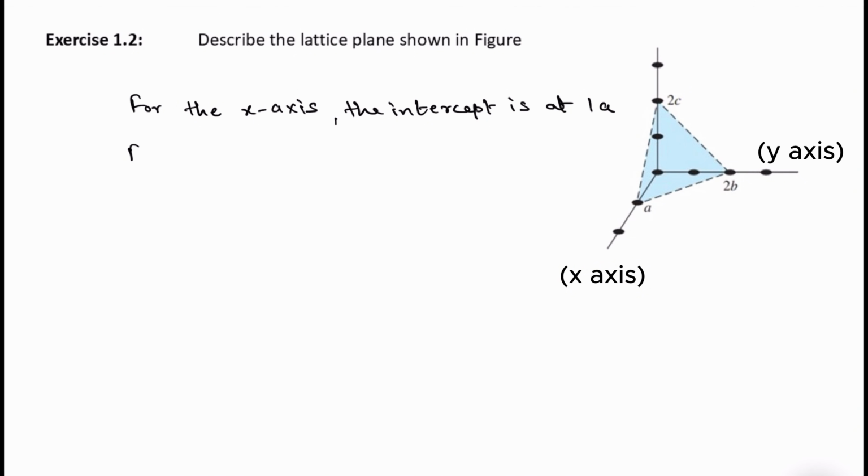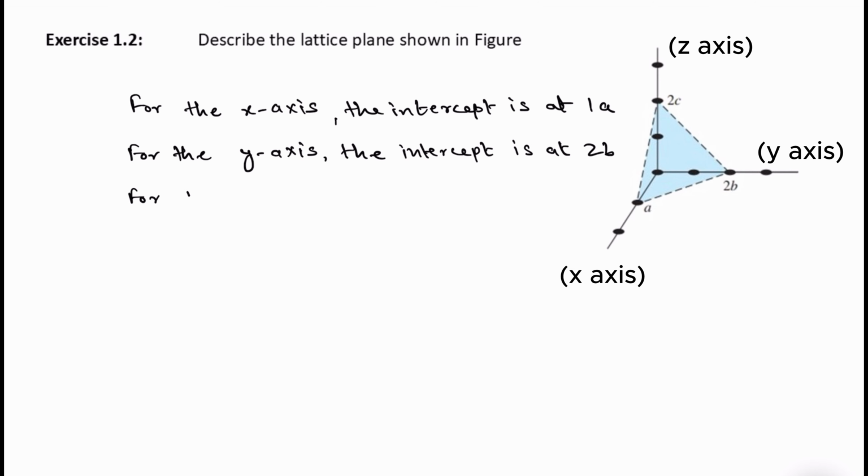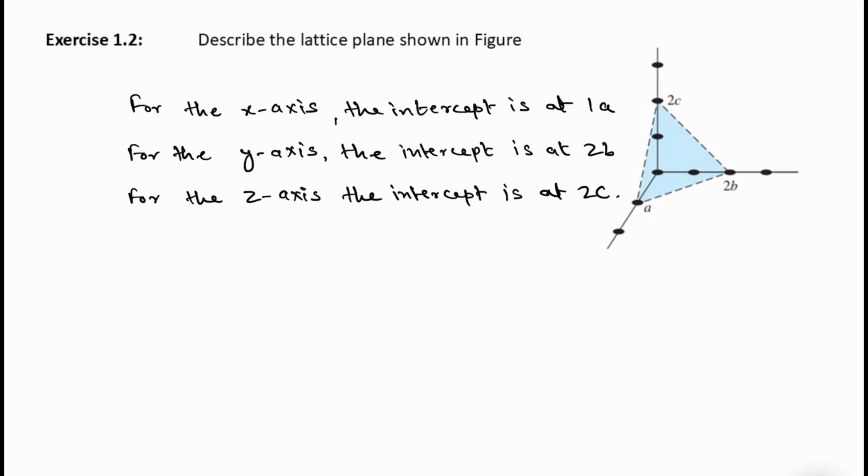For the y-axis, the intercept is at 2B, and for the z-axis, the intercept is at 2C, which can be expressed numerically as 1, 2, 2.